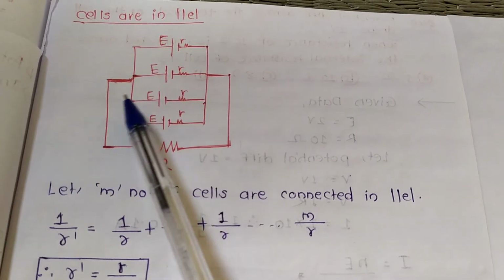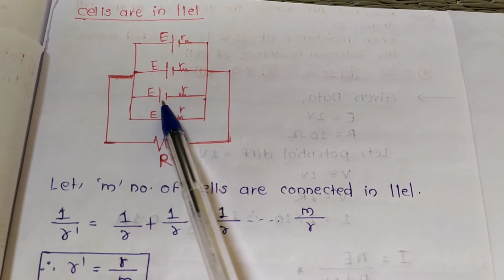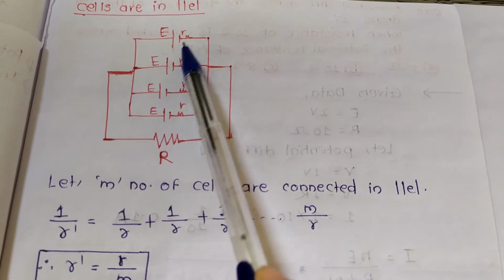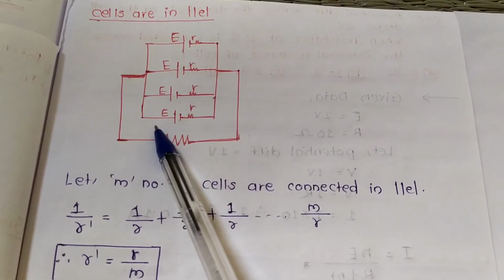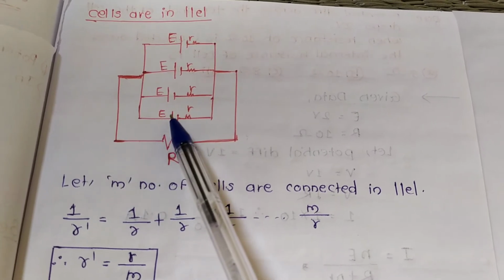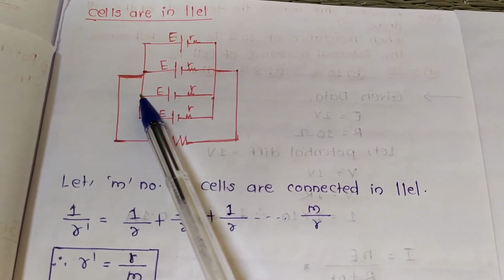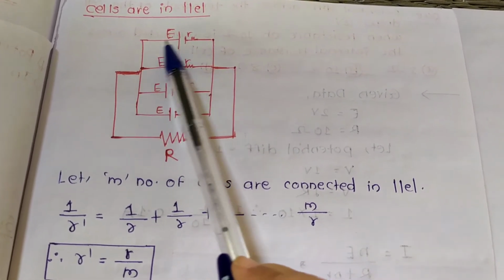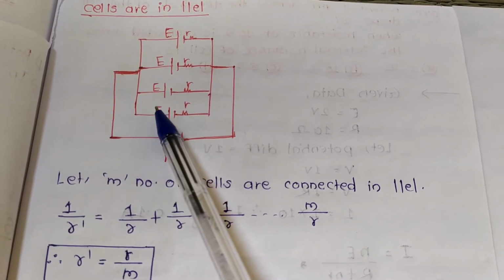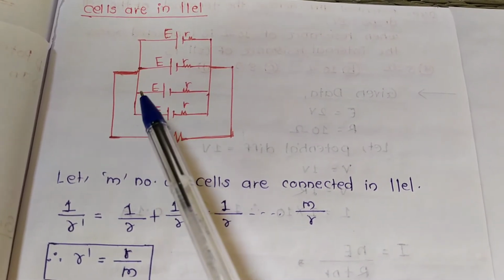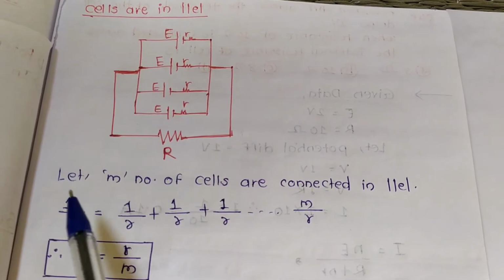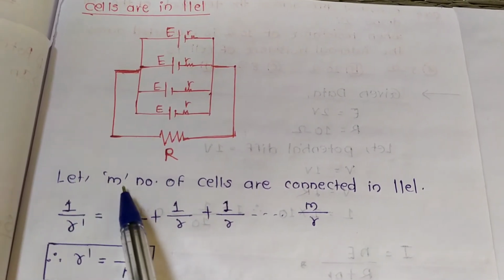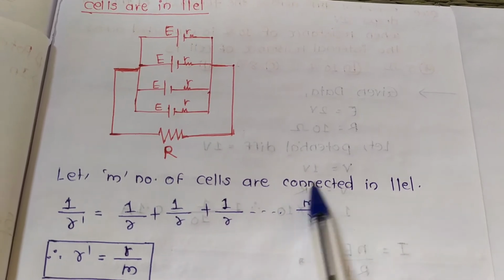Now, when cells are in parallel combination, let's see, E is the same, because in parallel combination current is divided and voltage drop occurs in series combination. Let M number of cells be connected in parallel.